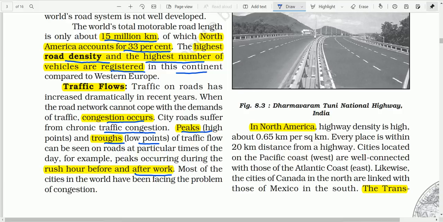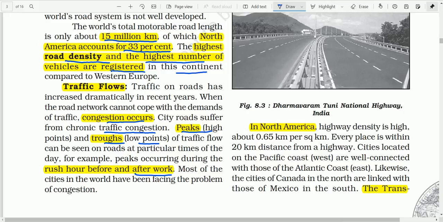Peak periods: when everybody is coming out to go to their workplaces, maybe between 9 and 10, for example, there may be traffic congestion.